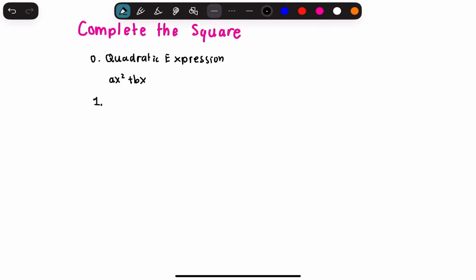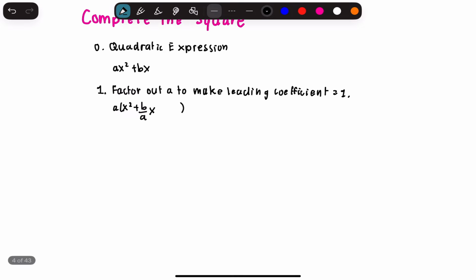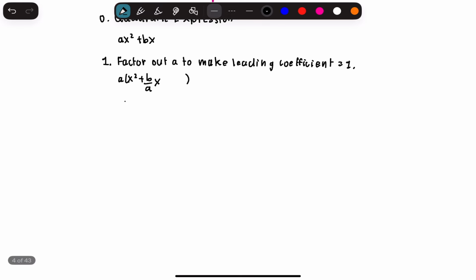After this, you need to factor out a to make your leading coefficient 1. That's going to leave you with an expression like a times x squared plus b over a times x plus a blank, where you will insert your later expression.